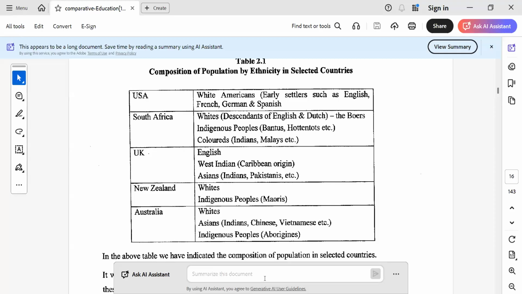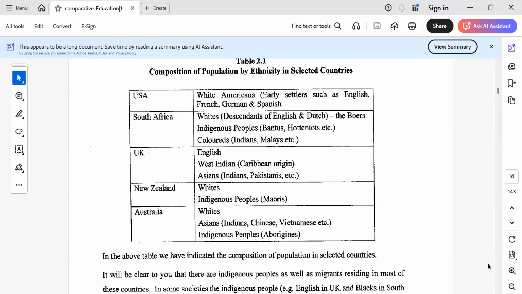So yesterday I told you that they have to do the multicultural chapter, right? It's related to population by ethnicity.